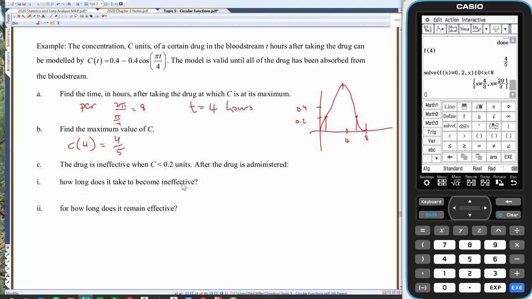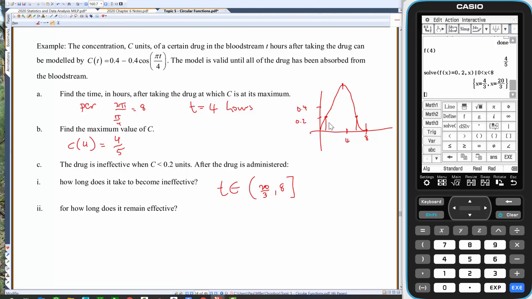So we're going to say that it becomes ineffective when it's less than 0.2 units, so when t is an element between 20 on 3 and 8, inclusive. So this is the section here where it falls below 0.2 units.